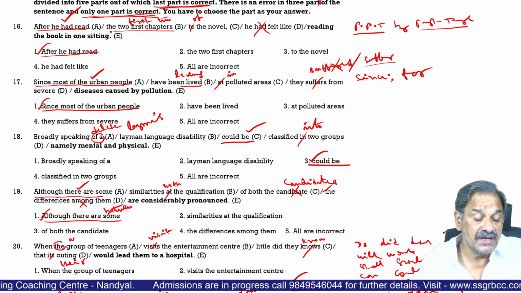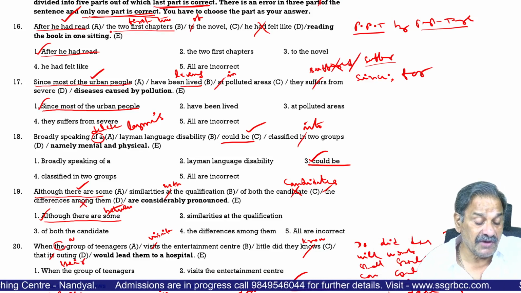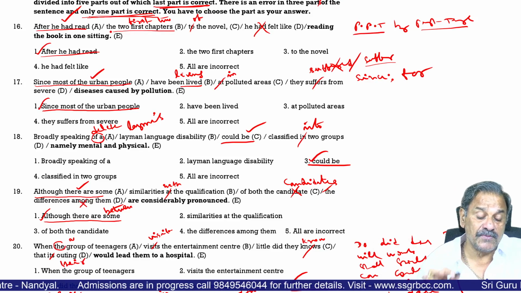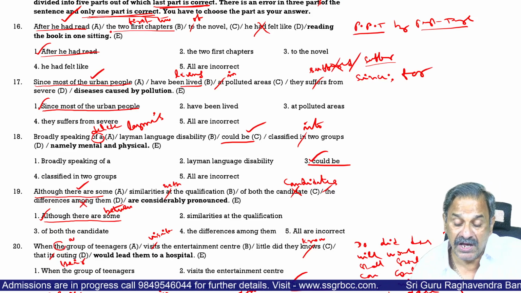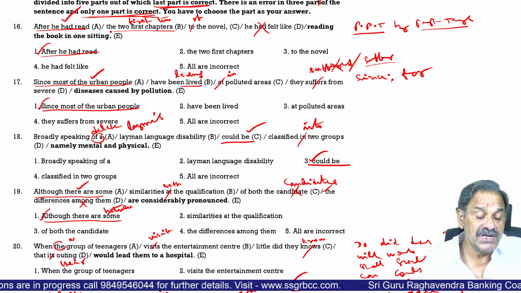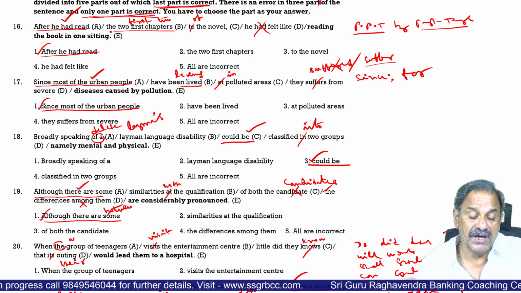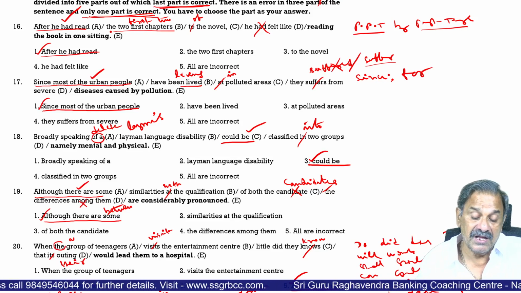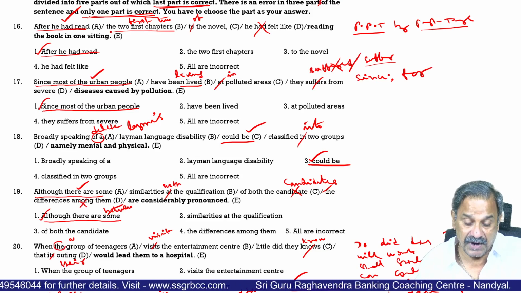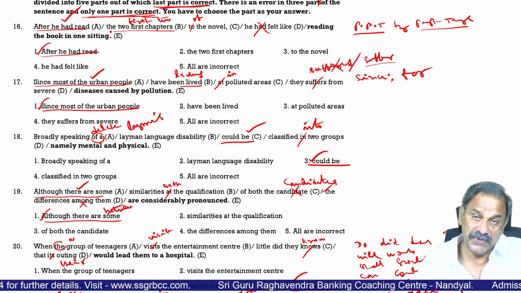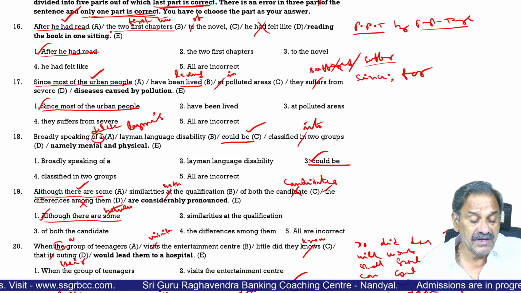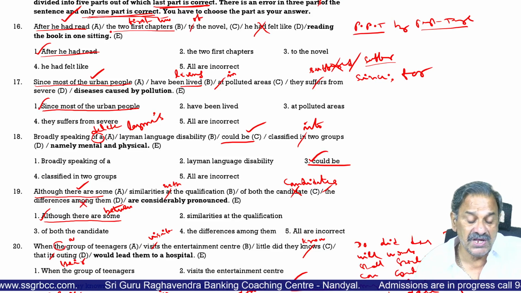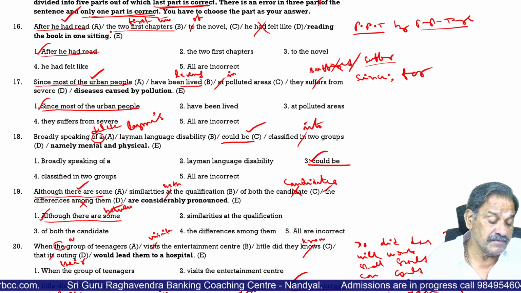Okay, simple past you have to use. Then the 17th one: since most of the urban people have been living in polluted areas, they suffer from severe diseases caused by pollution. Here, the error: since is used with the present perfect continuous tense, so we have to use it. In polluted areas we have to use. They, plural, we have to use: they suffer from severe diseases caused by pollution.